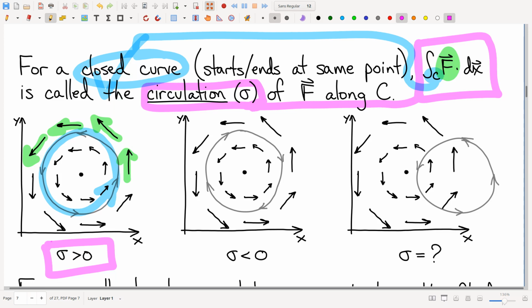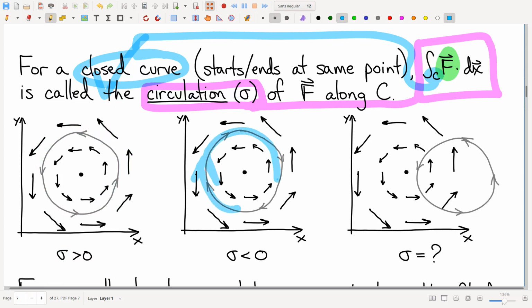All right. Okay, another example. Here we have a curve going the other way, you'll notice. You'll further notice we have the same exact fluid flow here from the previous example, etc. all the way around. And now let's just kind of think it through. What can we say about circulation here? Well, one little piece at a time.